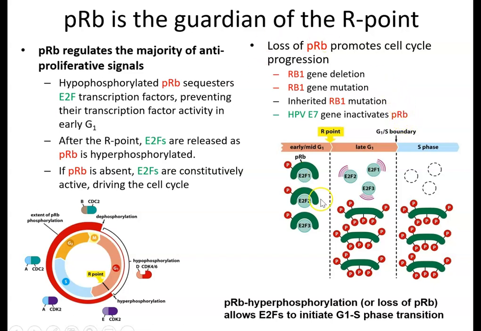So there are multiple different ways to have this abnormal G1 to S phase transition in cancers. All of the oncogenes and tumour suppressor genes that I've mentioned will promote this. Everything on this slide, either loss of PRB, gain of E2Fs, or infection with this virus, will promote G1 to S phase transition in one way or another.